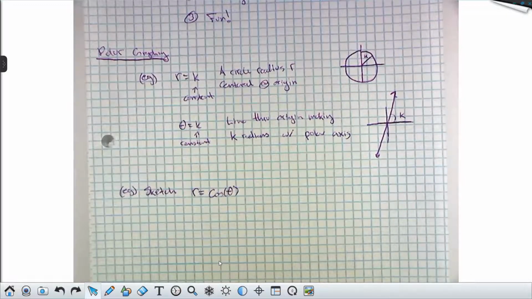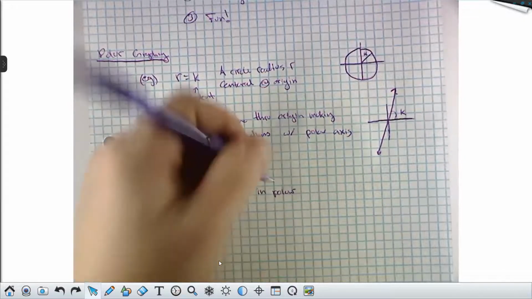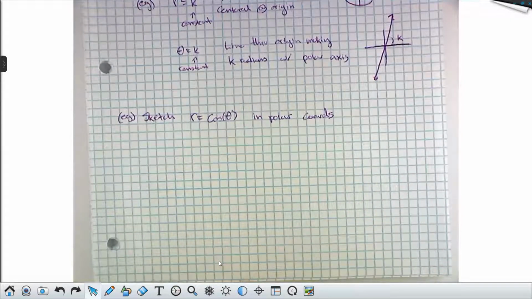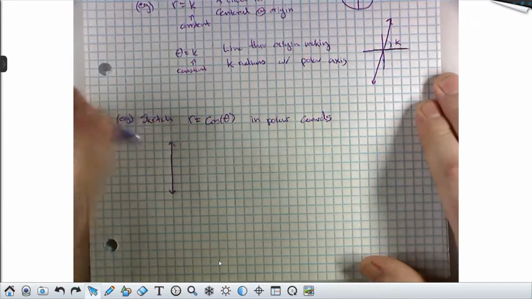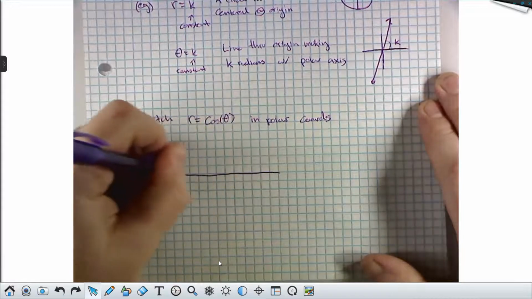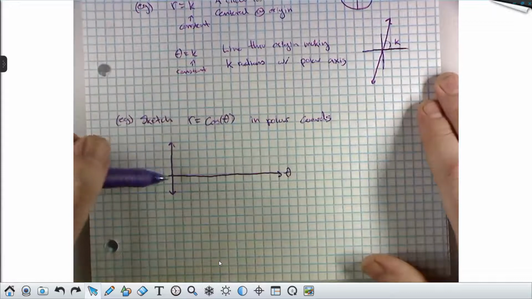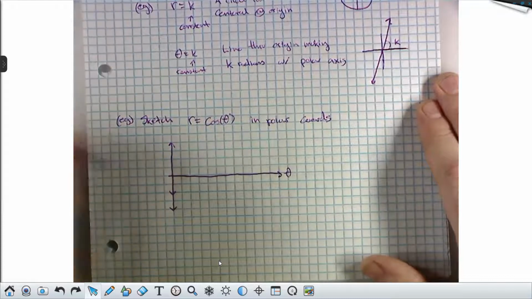How about cos theta? Let's sketch r equals cos theta in polar coordinates. Like I said, first we're going to sketch it in rectangular coordinates. The graph paper is useful for this. Always sketch your thing with domain at least 0 to 2 pi. So theta is going to be our independent variable, and r is going to be our dependent variable.